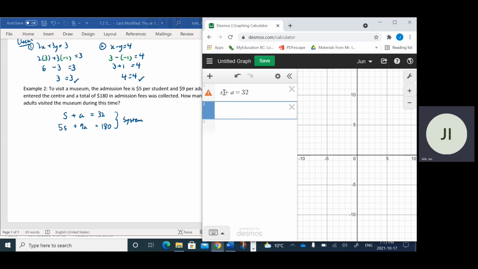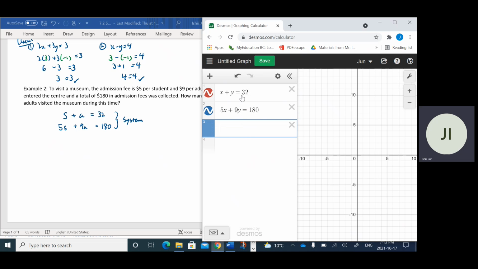No, error. With this graphing calculator, we need to use X and Y. So X plus Y equals 32. And I'm going to punch in the other one here, 5S plus 9A equals 180. I have to do that again. All right, excellent.